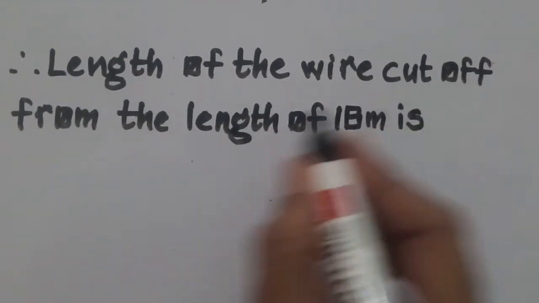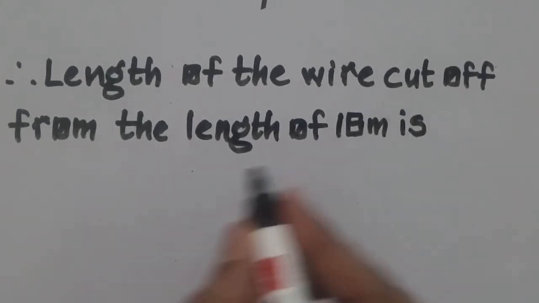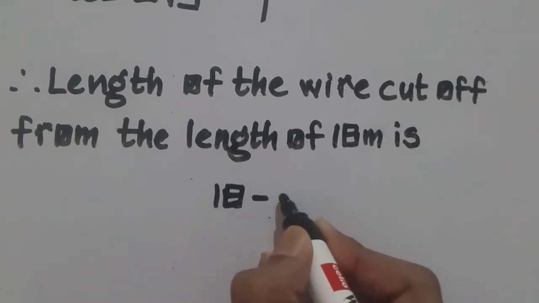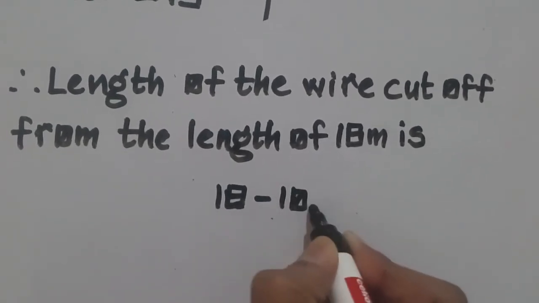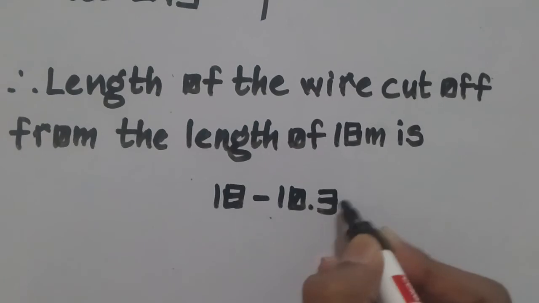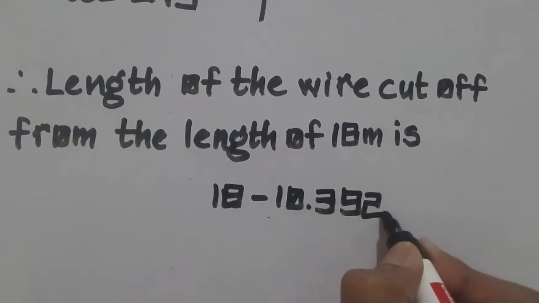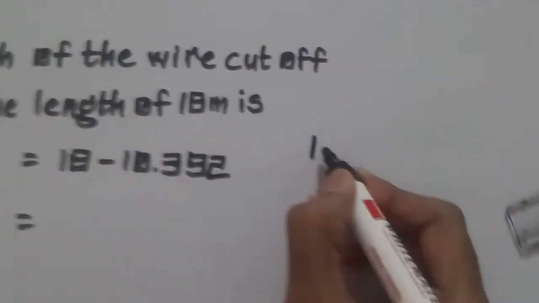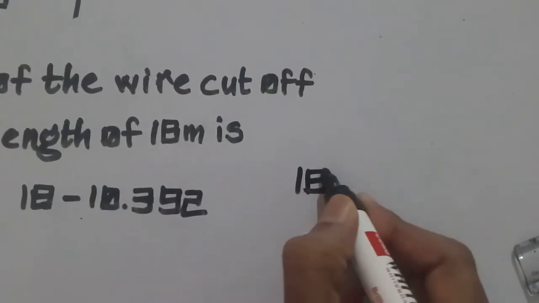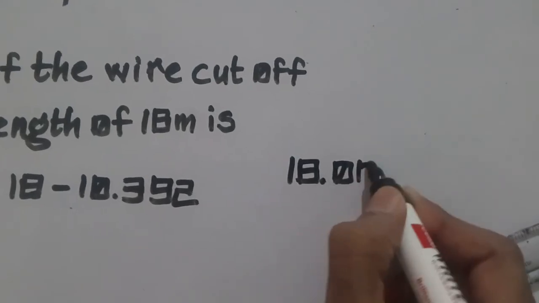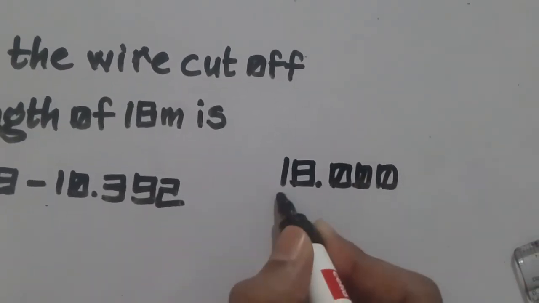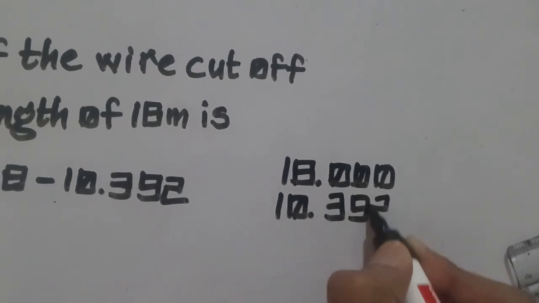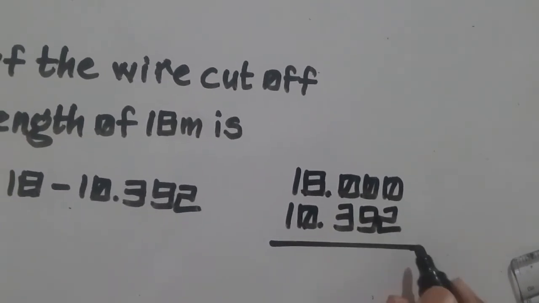Therefore the length of the wire cut off from the length of 18 meters is the total length of the wire, 18 meters, minus the X value we got, 10.392. We will subtract this value. 18.000 minus 10.392.